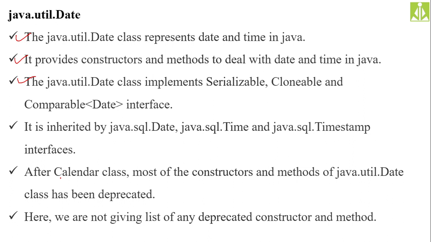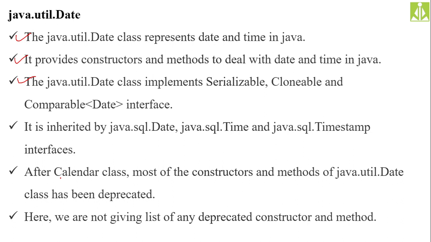We can assume this in these two different ways: the functionality is not up to the mark, or a more advanced feature is already available in the market. So that is what the term deprecated means. So most of the constructors and methods of this date class are already deprecated by the Calendar class, which is also available under java.util package.